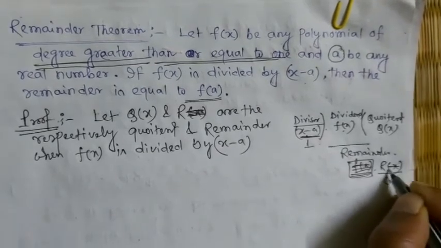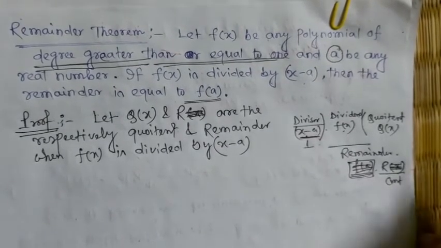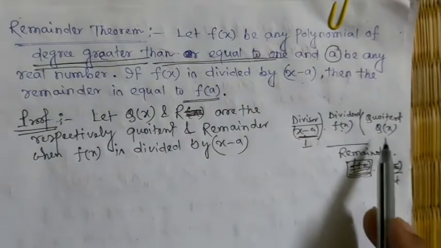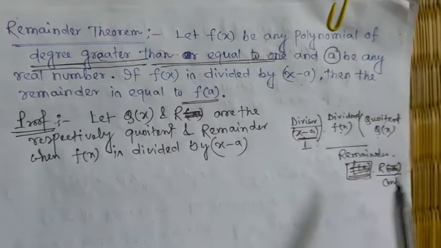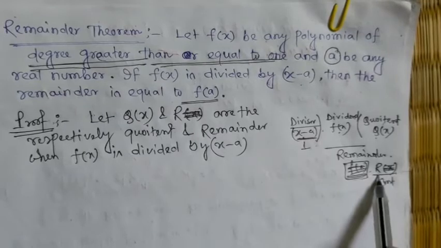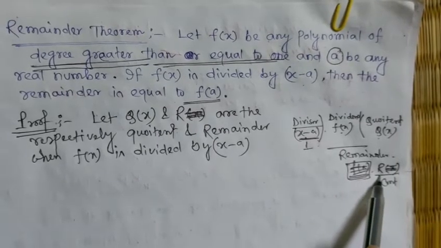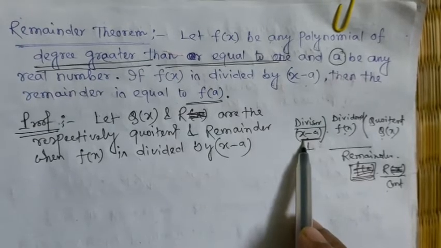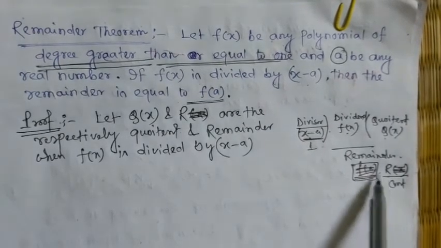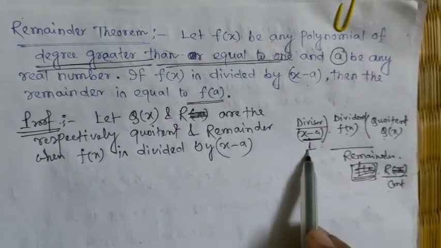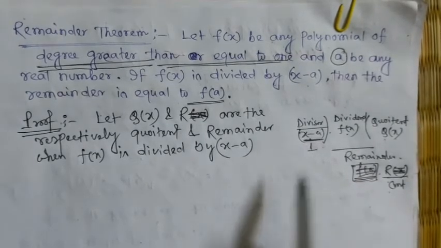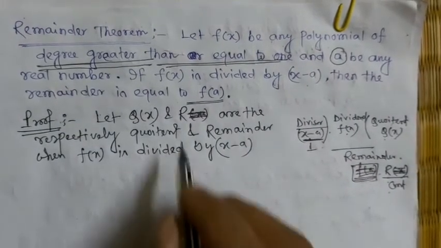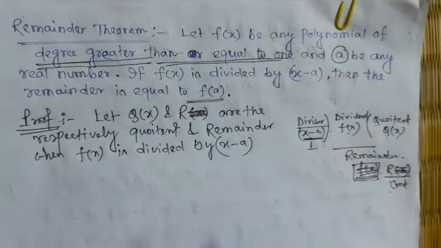So we cannot write r of x, we only write r. For the quotient you write q(x), and the remainder is only a constant, that's why we write r.